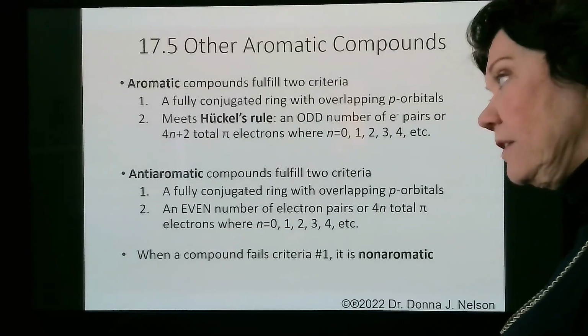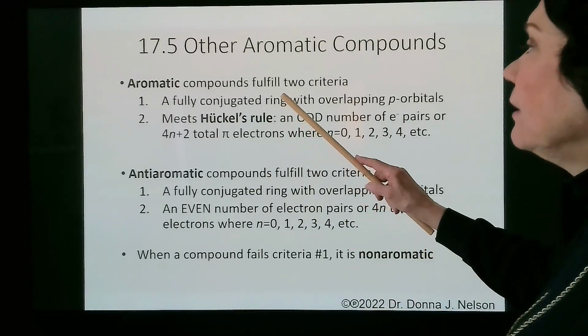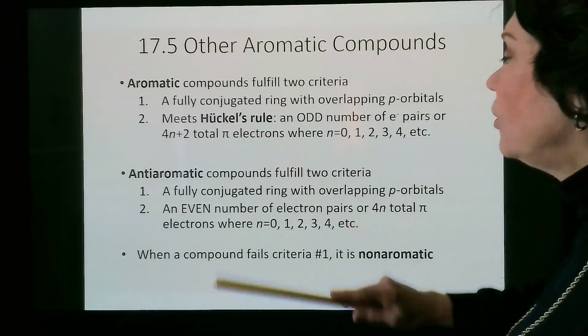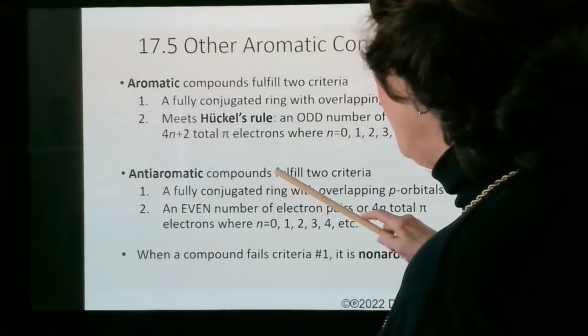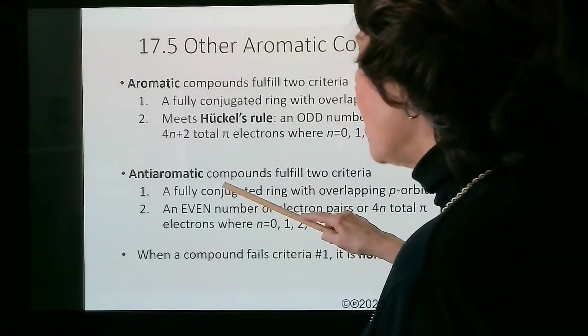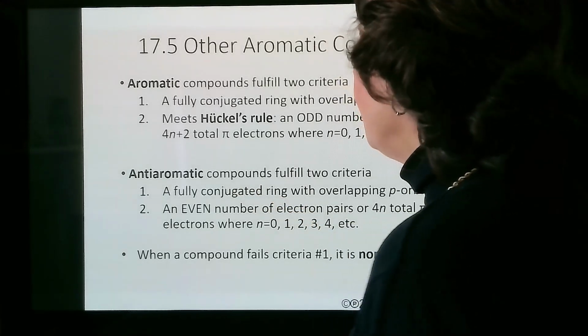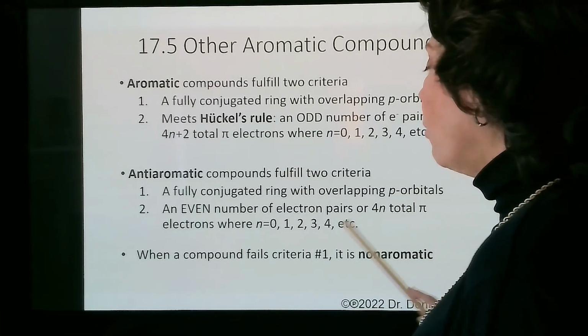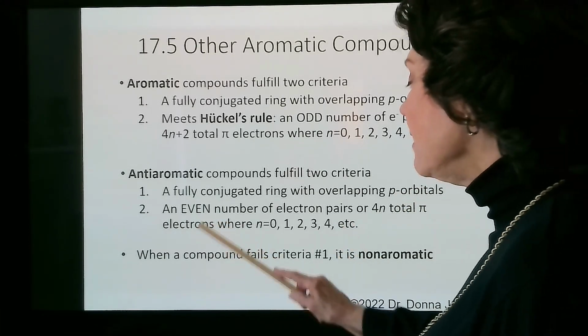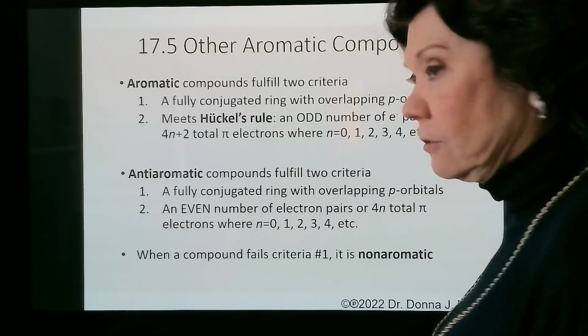So as we discussed earlier, aromatic compounds fulfill these two criteria, which I've already discussed at great length. And anti-aromatic compounds fulfill the two criteria: a fully conjugated ring with overlapping p orbitals and an even number of electron pairs.